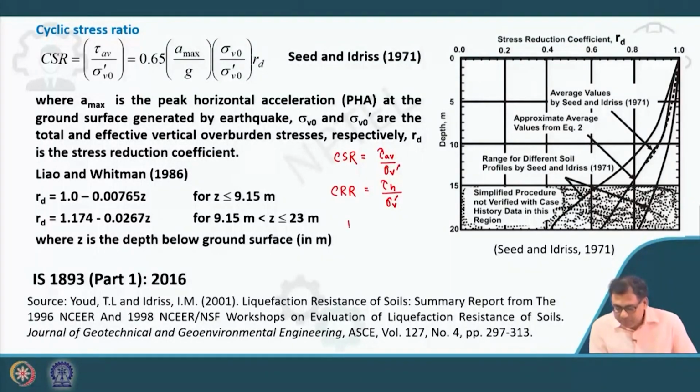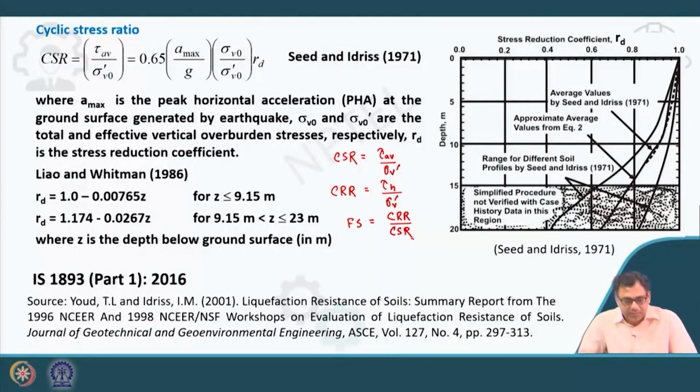So my factor of safety will obviously be resistance, that means CRR divided by CSR, which is the same as tau H divided by tau AV that we are following. Now CRR means tau H divided by sigma V dash, and CSR also, tau AV is divided by sigma V dash.